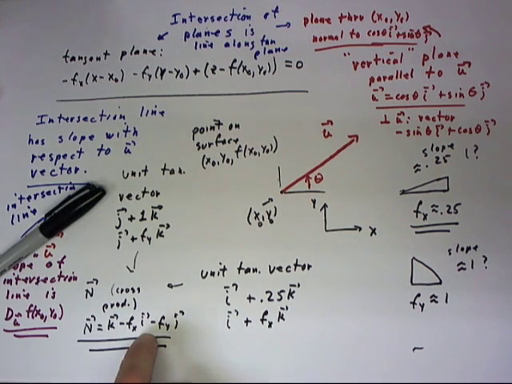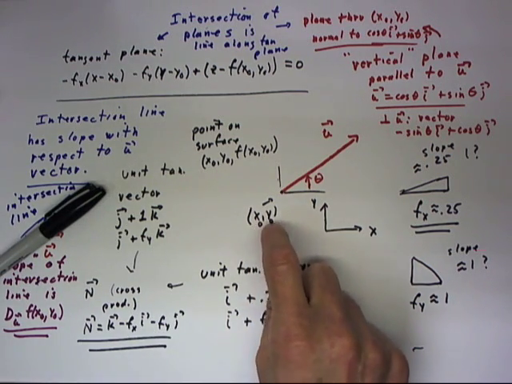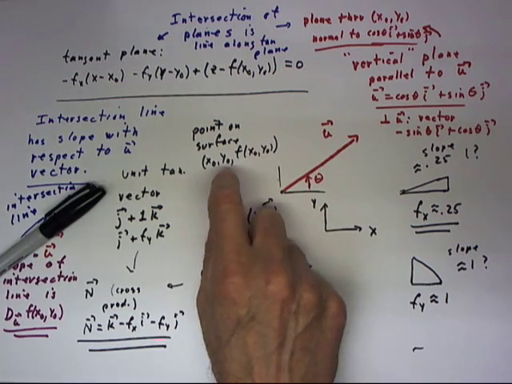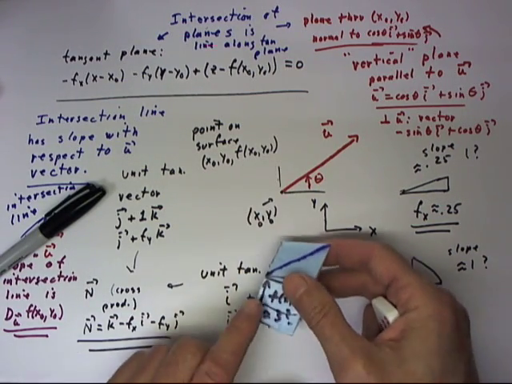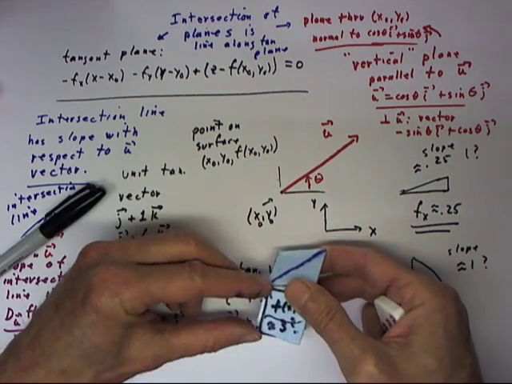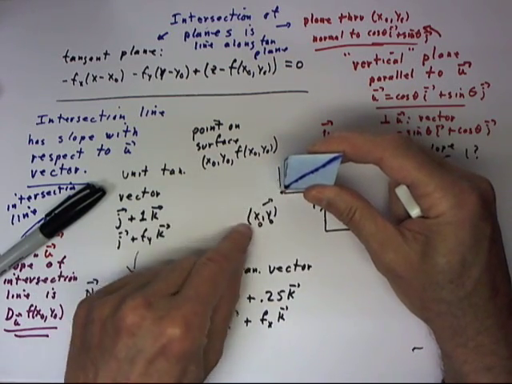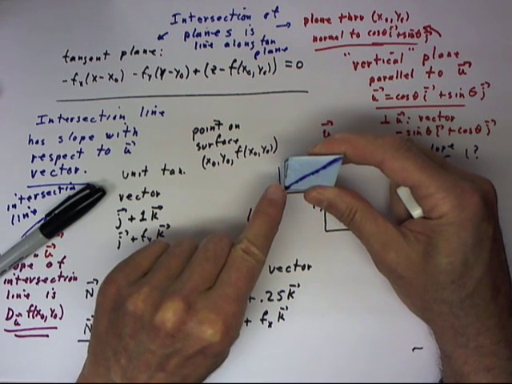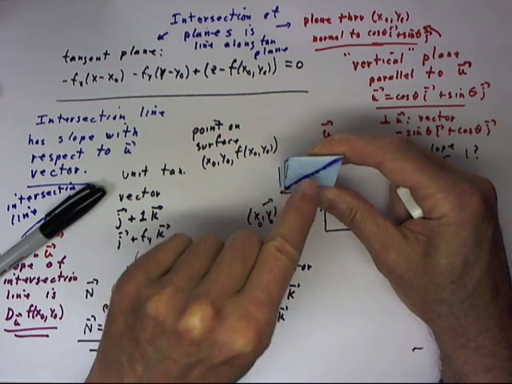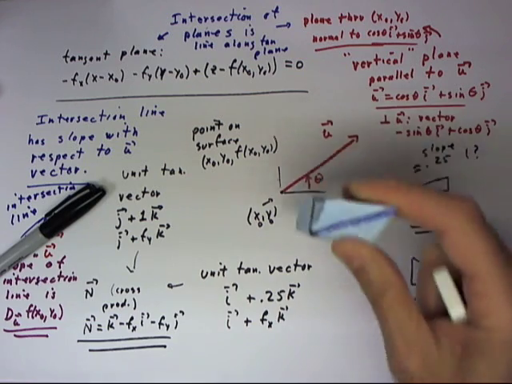From the normal vector and the point (x0, y0), we have the point on the surface. We have (x0, y0, f(x0, y0)). f(x0, y0) would be this distance, so the point (x0, y0) would be here, and the point f(x0, y0) would be right at this corner of our foam chunk.